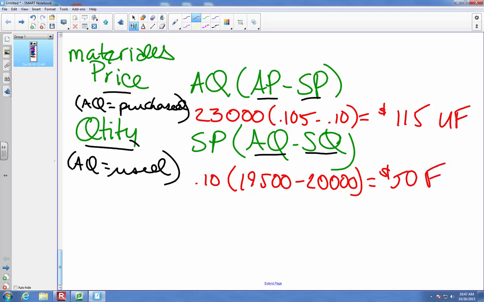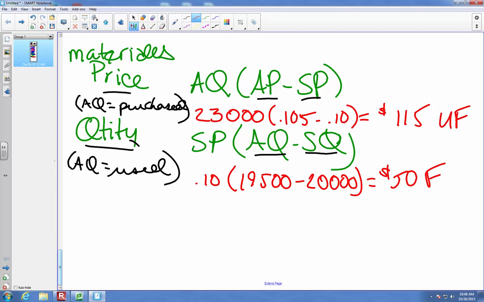Now, here's what's so screwy about the materials variances that isn't going to hold true with the labor or the overhead: if your quantity purchased is different from your quantity used, you can't add these together to get the total. The other variances, you can add the two elements together and it's going to come to the total.